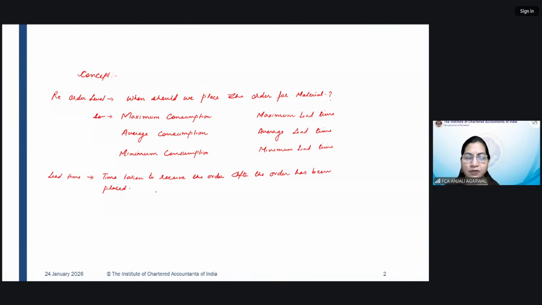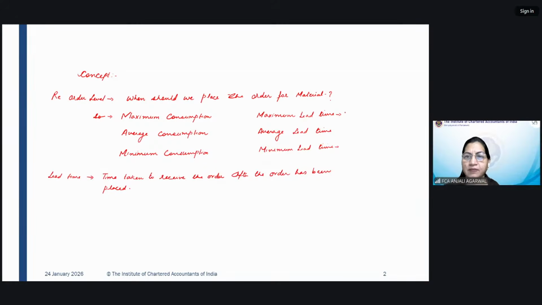It might take 1 day, 2 days, 3 days; lead time tells you how much time it takes from the date you place the order till it is received in your stores.